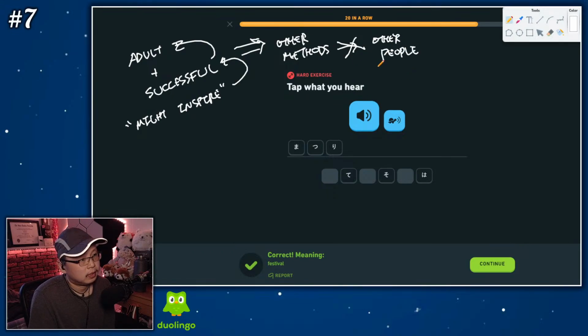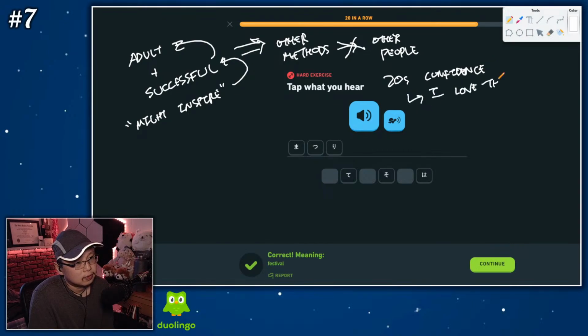And maybe one day as you get into your 20s, you'll feel enough confidence from skills you learn that you'll be like, heck, I love this. I will continue doing it.